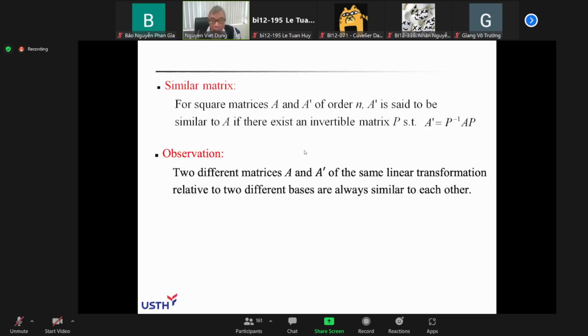And because of that, we see that two matrices A and A prime of the same linear transformation, but relative to two different bases, are always similar to each other. That is the reason of the previous slide.